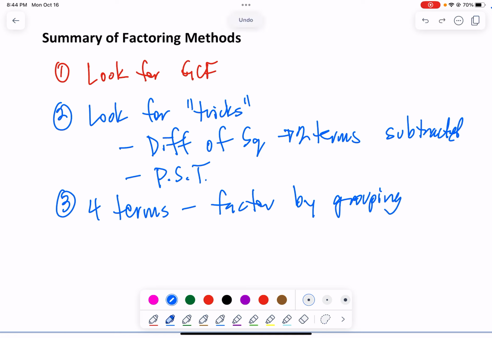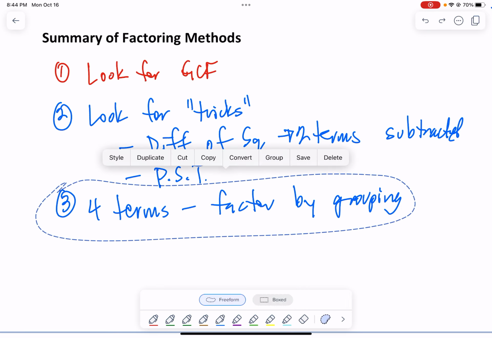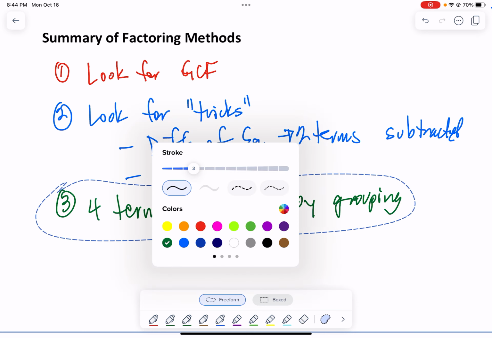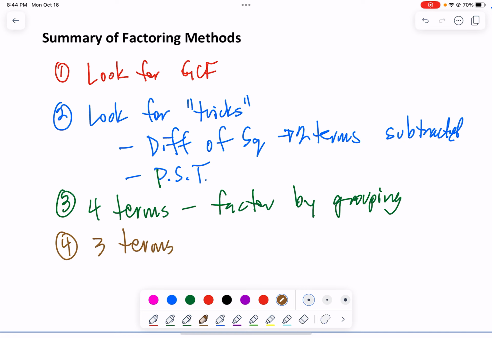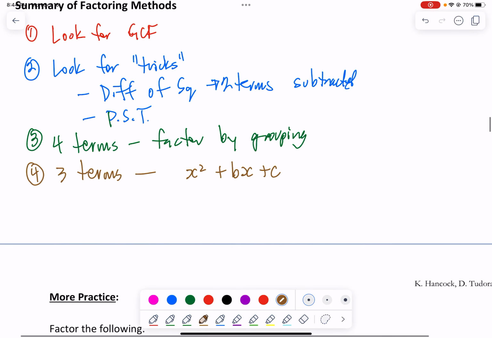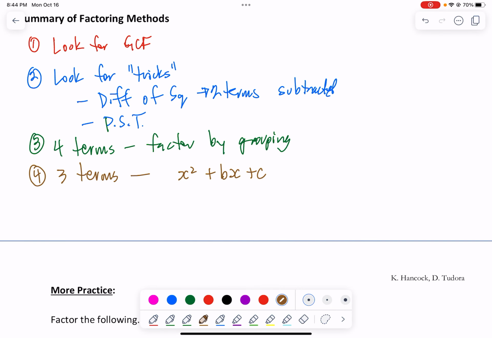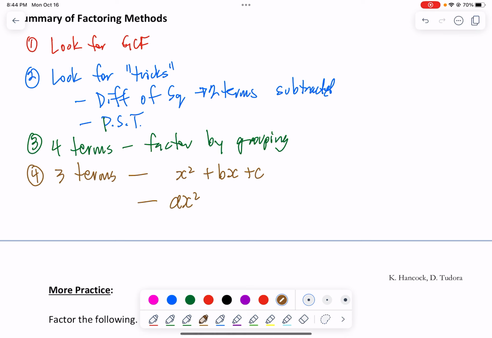If we have 3 terms, if it's just x squared plus bx plus c, we would do the method that has, and also if we have ax squared plus bx plus c.